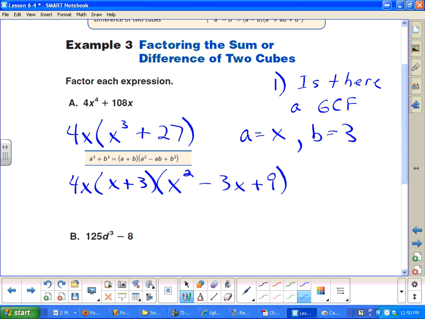And that is the answer. Whenever you have the sum or difference of two cubes, you cannot factor this any further. If you did, it wouldn't be the sum or difference of two cubes. So you don't have to worry about trying to factor that also, because it can't be done.